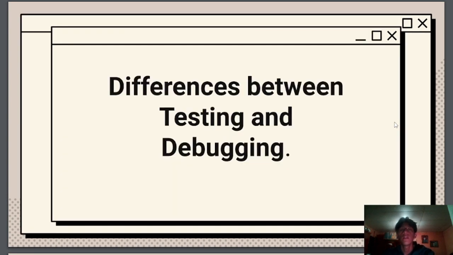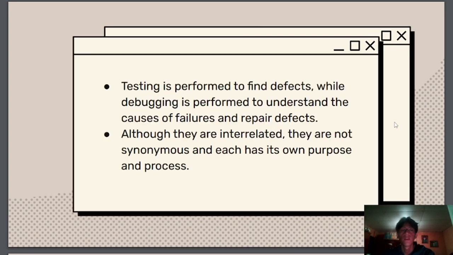Difference between testing and debugging: testing is performed to find defects, while debugging is performed to understand the causes of failures and repair defects. Although they are related, they are not synonymous and each has its own purpose and process.